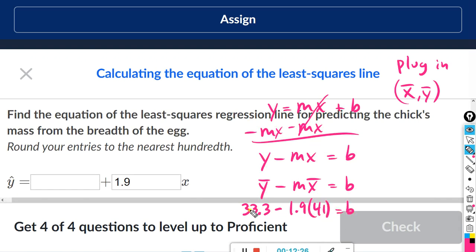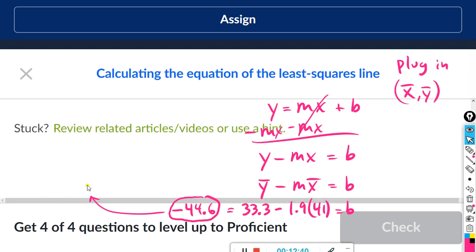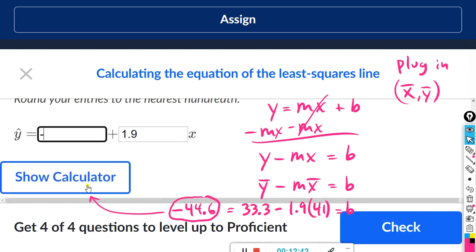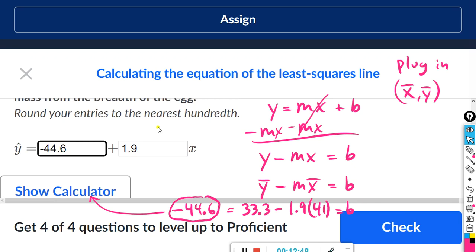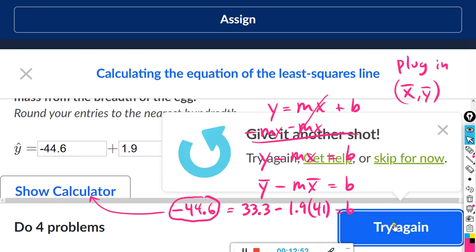All you have to do is do this on the calculator. Doing this on the calculator, I get negative 44.6. That's b, or the y-intercept. So you just put that in the box. Negative 44.6. And we did our slope already. We don't need to round in this case. It was already rounded off.